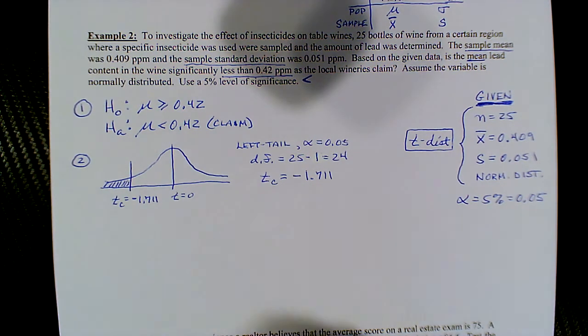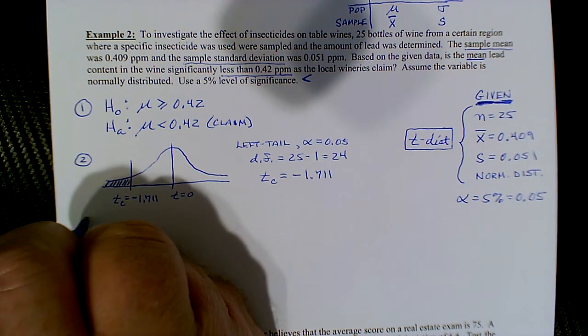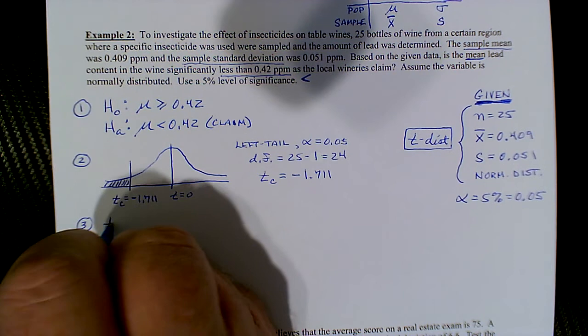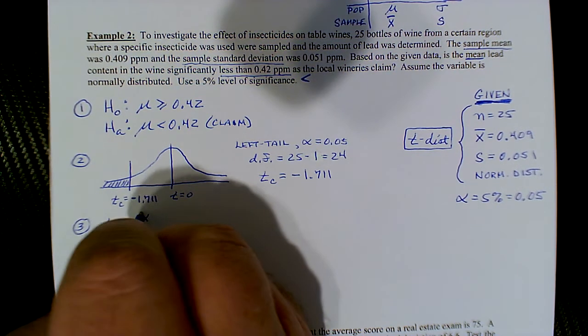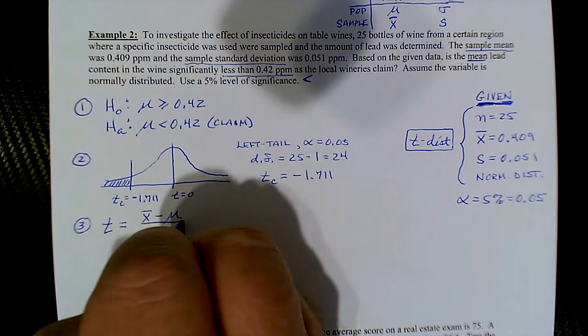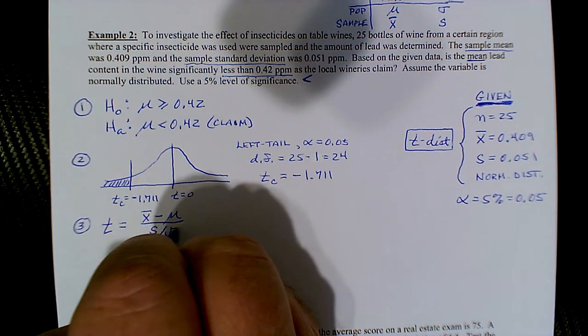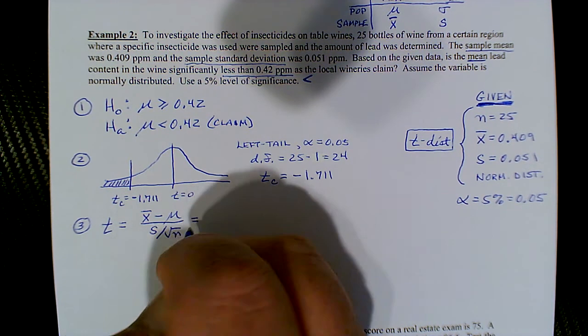Alright, so then our third step is to calculate the standardized test statistic t, which is x bar minus mu over s divided by the square root of n.